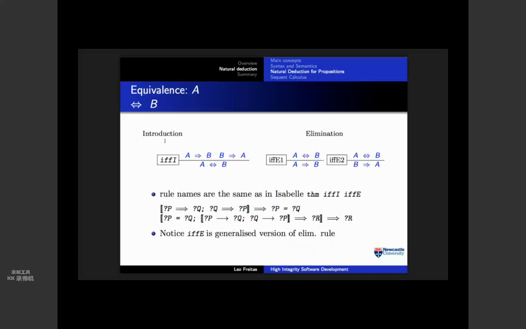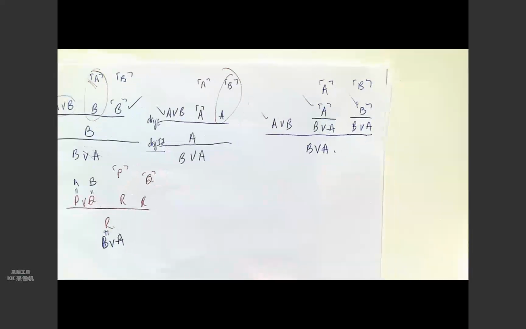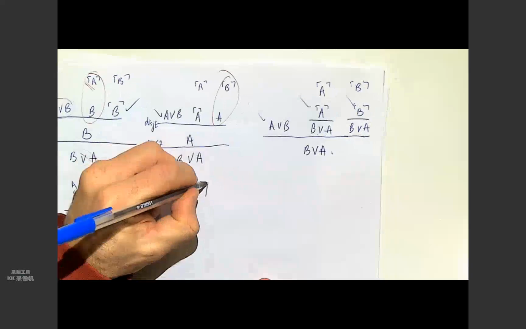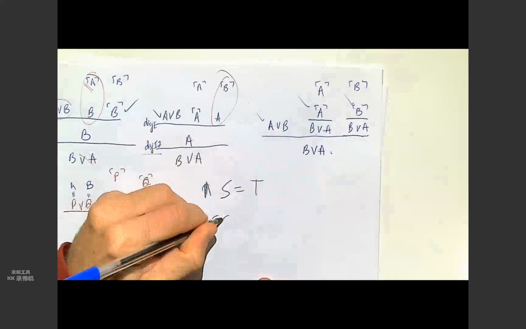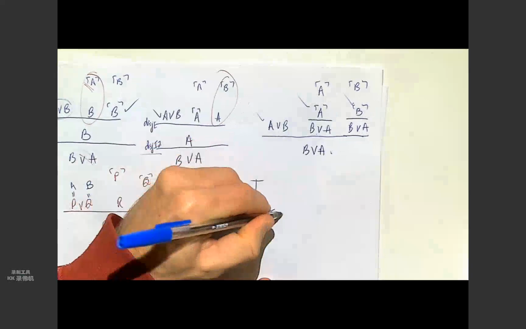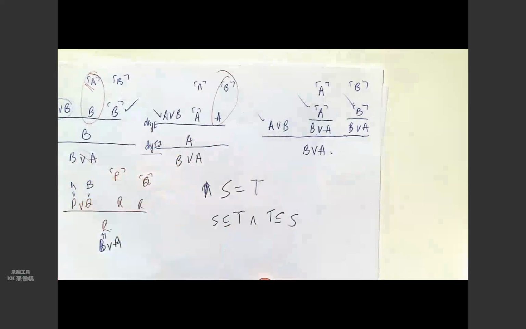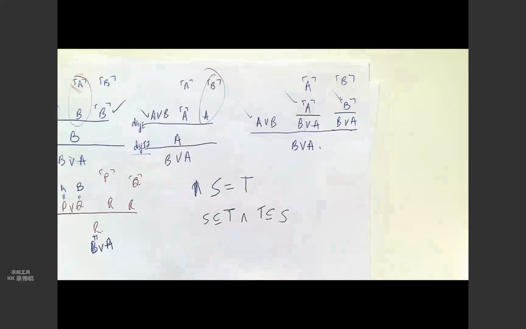Implication or equivalence is relatively straightforward in the sense that A is equivalent to B if they imply each other. If you think about this in set theory, a set S is equal to a set T if S is a subset of T and T is a subset of S. It's a similar notion.